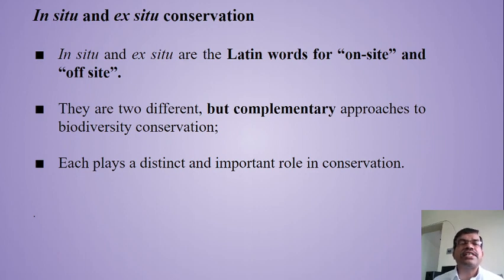So the last aspect of biodiversity conservation is in situ and ex situ conservation. In situ and ex situ are Latin words for on-site and off-site conservation. Both are complementary approaches for biodiversity conservation, and each plays a distinct and important role.